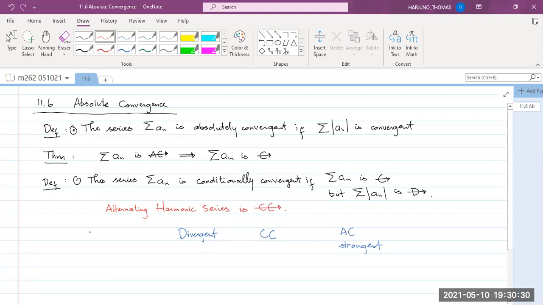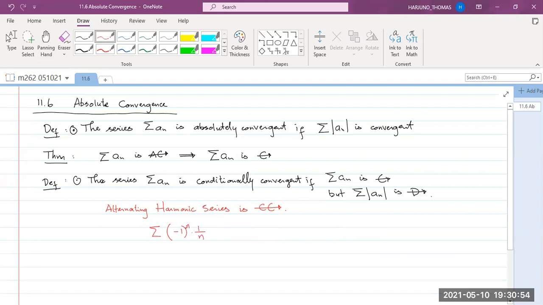What is the alternating harmonic series again? It is the series of (-1) to the n times 1 over n.